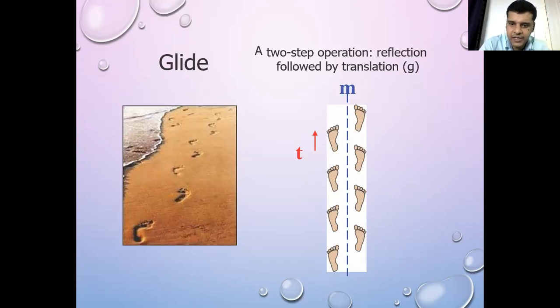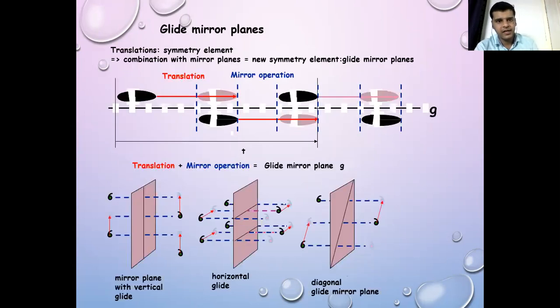If you take four footprints and divide them, keep one mirror in between, then it will go simultaneously, which appears as four more footprints. With respect to the main direction, this is called m, a point group symmetry element, and this is the glide. And also, what are glide mirror images? Just we'll go through this.